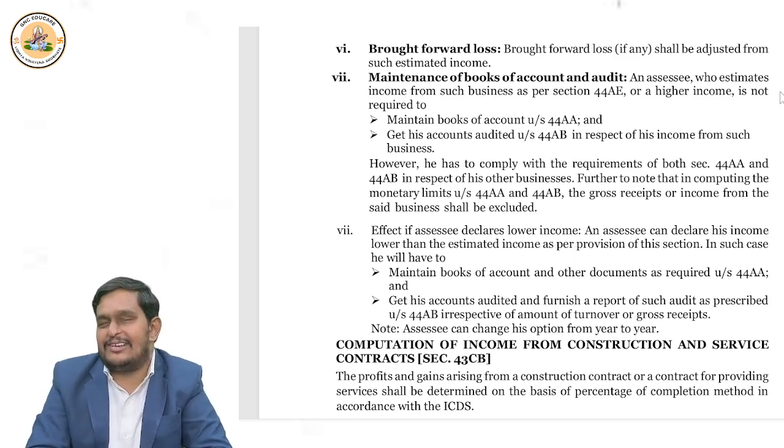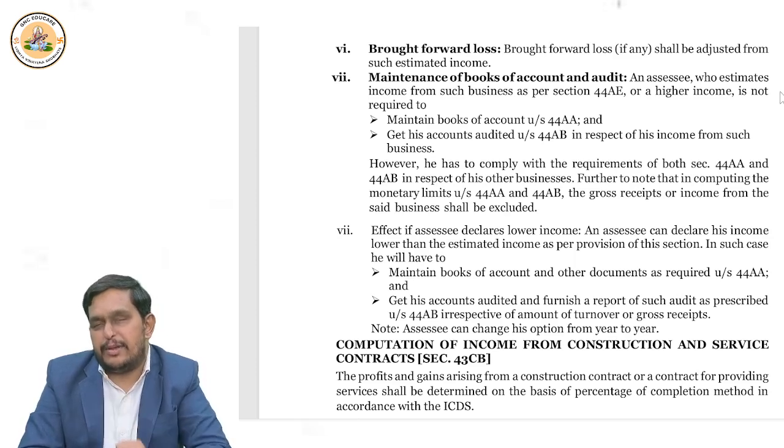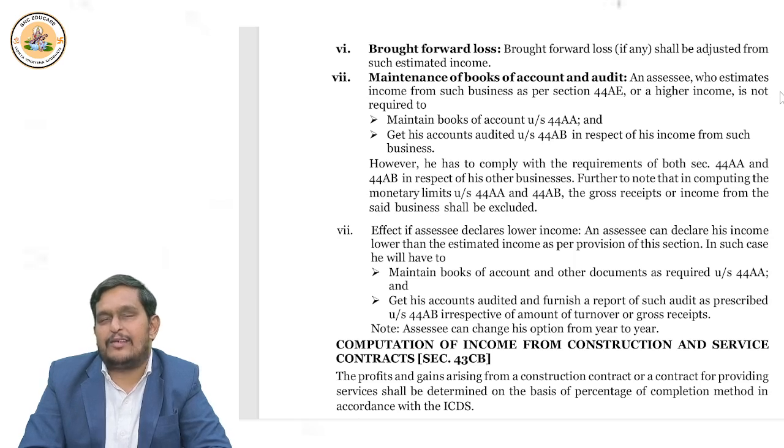No need to get tax audit done. Only if you are showing less than that, then get the books of accounts prepared as per 44AA and get the tax audit done as per 44AB. Like this, you are supposed to compute the income. Right? Whatever I said about 44AE, please remember.